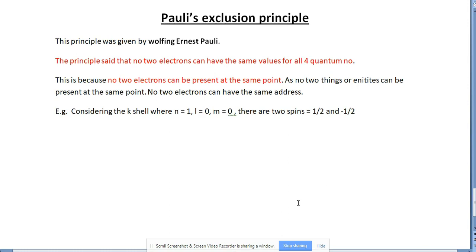For example, consider the 1s shell, where n is equal to 1, L is equal to 0, and m is equal to 0. So there are two spins, plus half and minus half. This leads to the conclusion that an orbital can have a maximum of 2 electrons. Moreover, if an orbital has 2 electrons, these must be of opposite spins. Thus, Pauli's exclusion principle also states that an orbital can contain a maximum of 2 electrons.